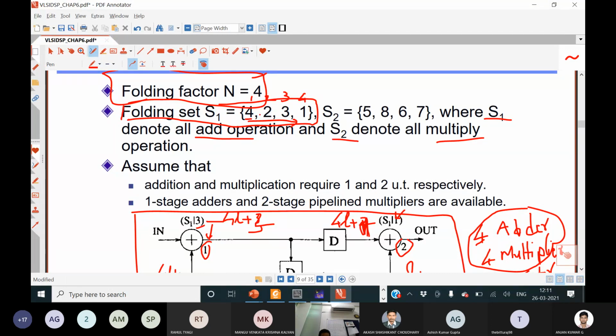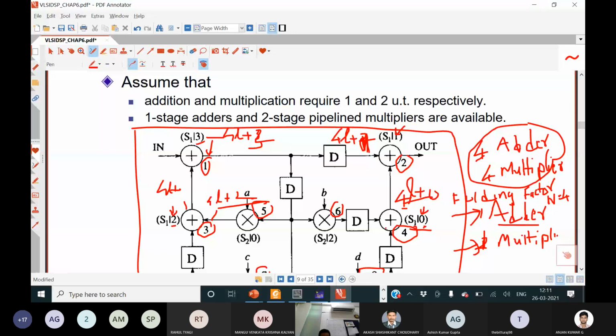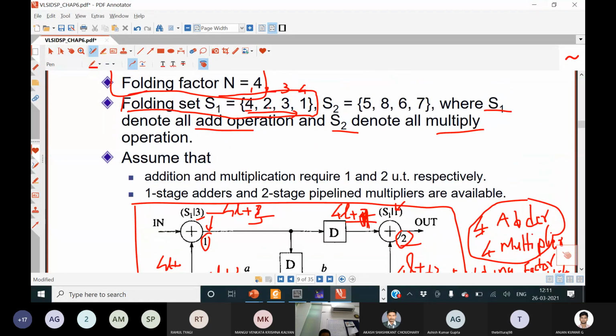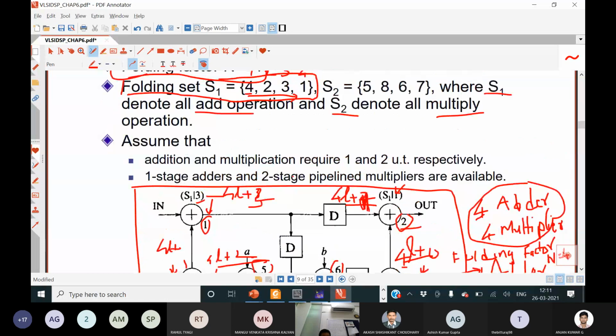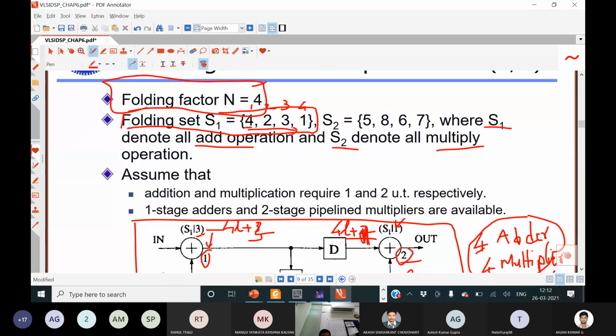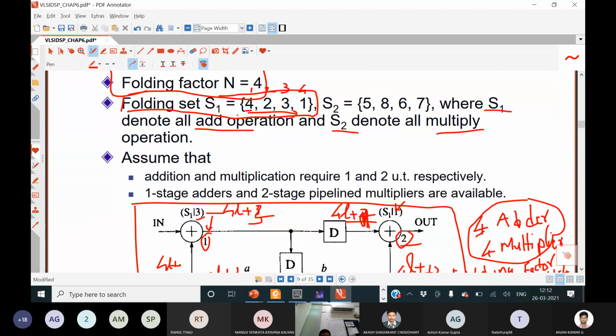So that means 4L plus 1 will be executed, which is node 1. Then 4L plus 1 is associated with node 2, so second is 2. Then 4L plus 2 is associated with 3, so the third one, and then last is 1. So this is the folding order.